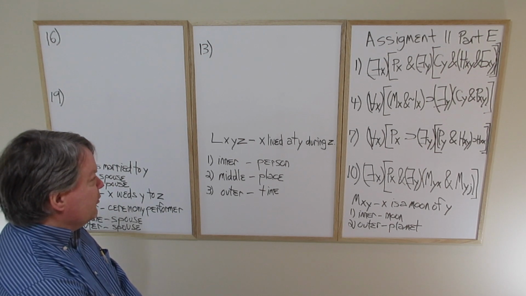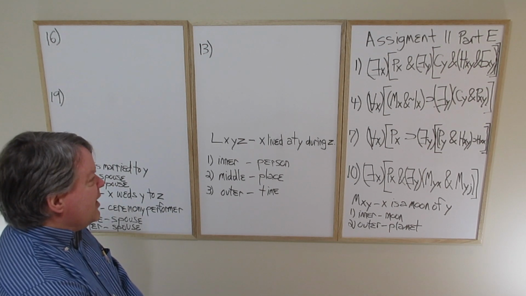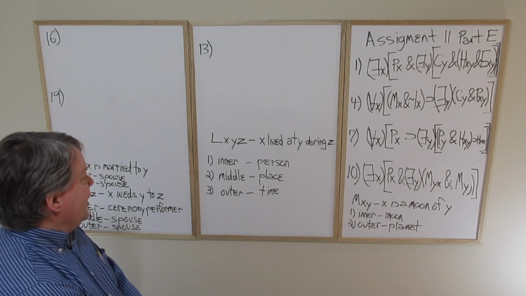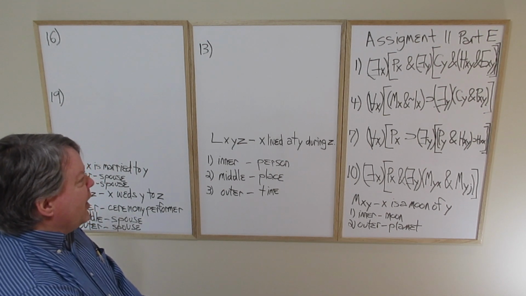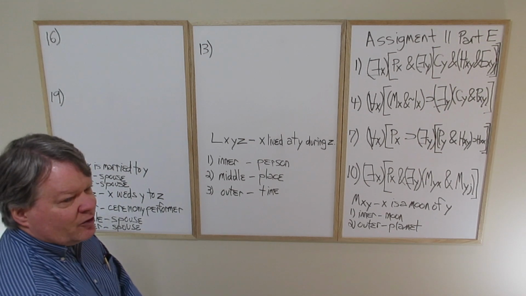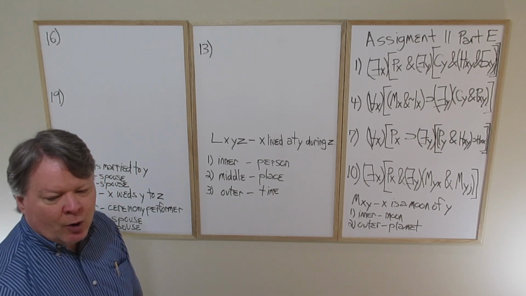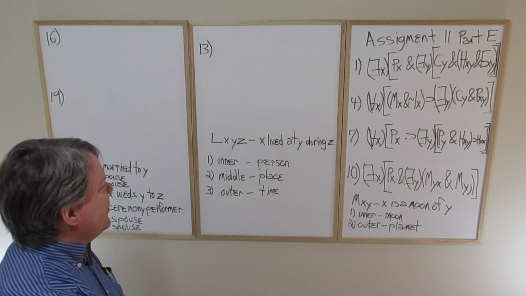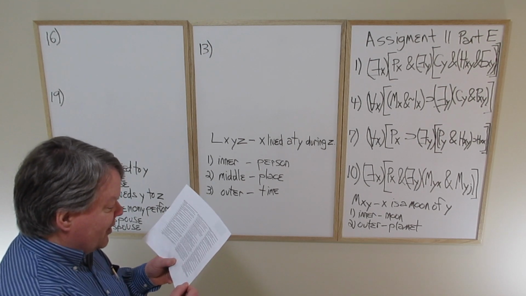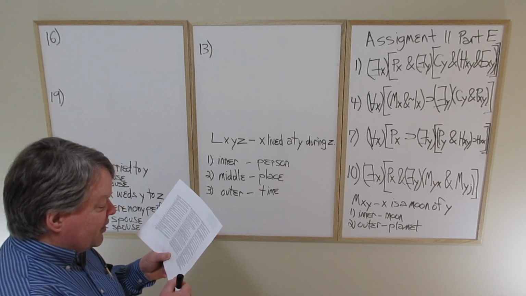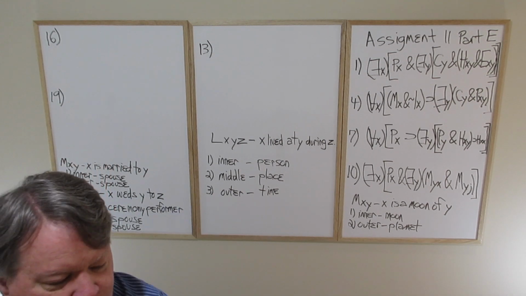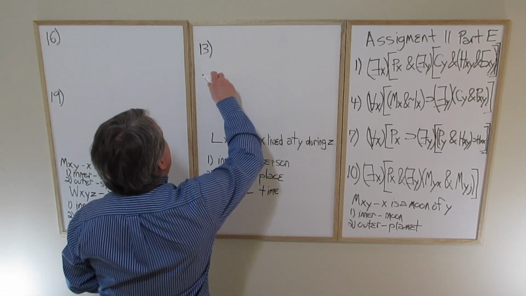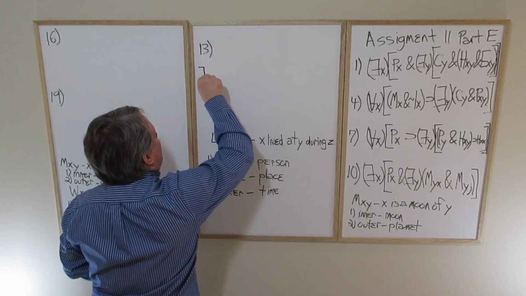What goes in the middle slot is the place where they lived, and what goes in the outer slot is the time at which the person lived at that place.